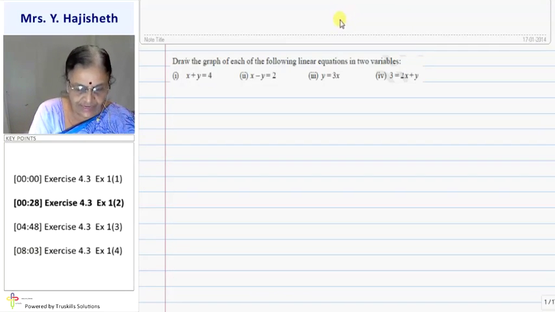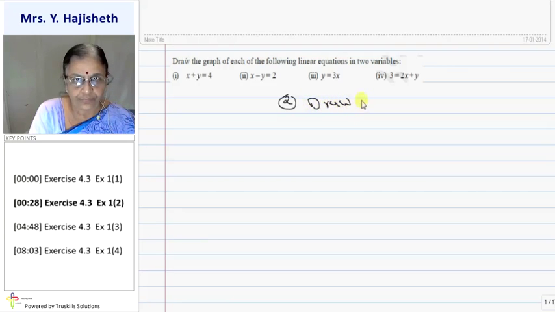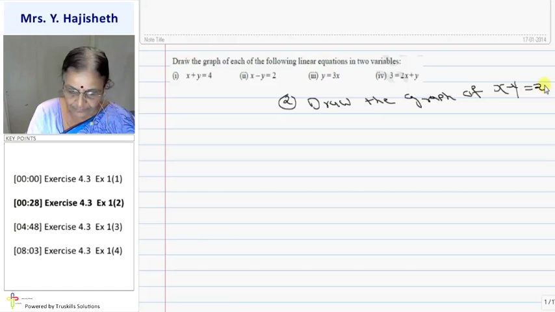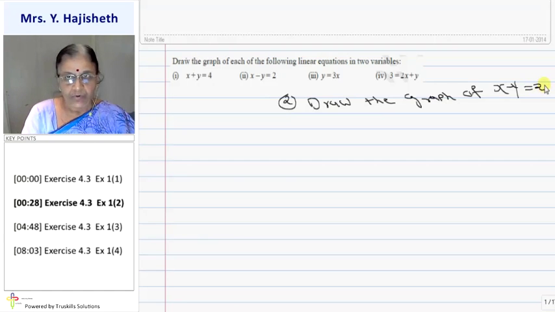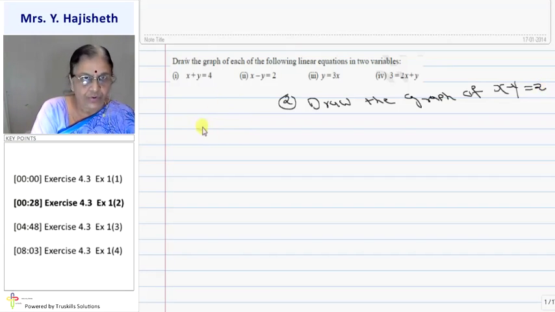Second question, we start with second question. Draw the graph of x minus y is 2. Clear? In order to draw the graph of x minus y is 2, I should form a table.